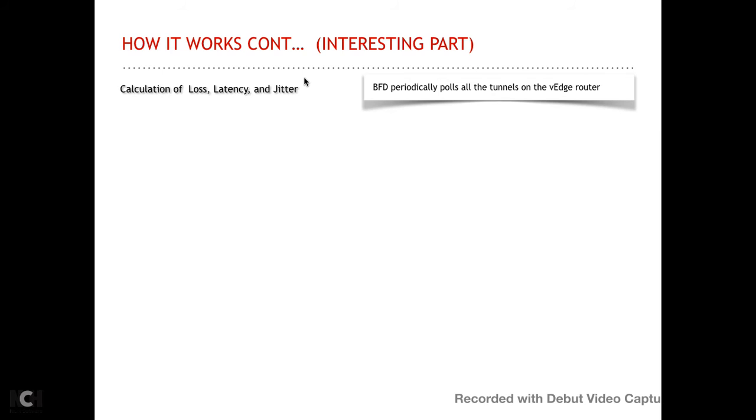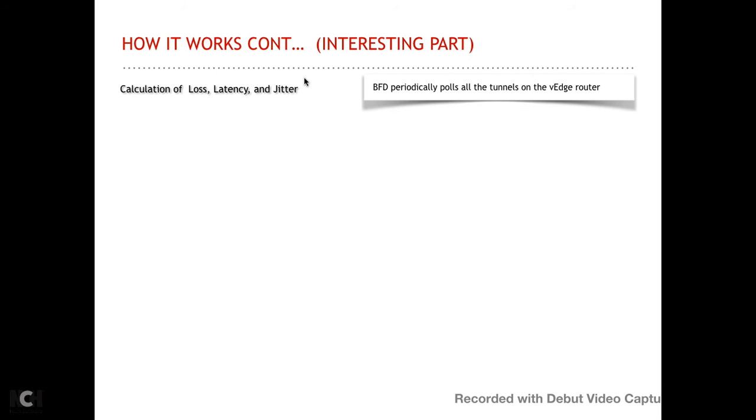On what basis the health is poor or better or the best, you decide by the calculation of loss, latency, etc. So BFD normally polls the vEdge router periodically, right?